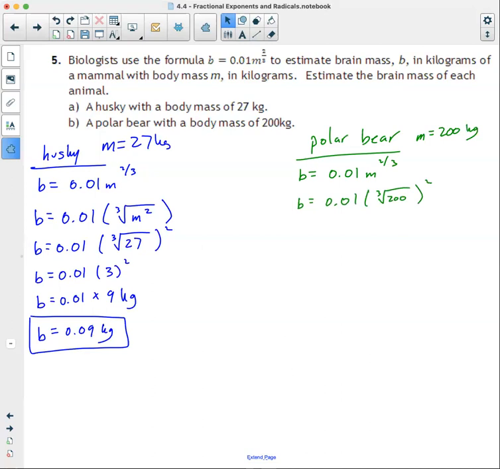Okay, so let's see what 200 breaks down into. 2 and 25.